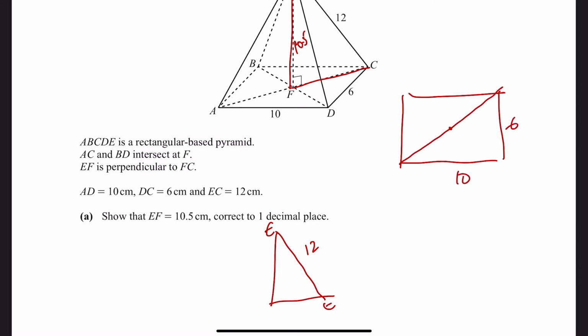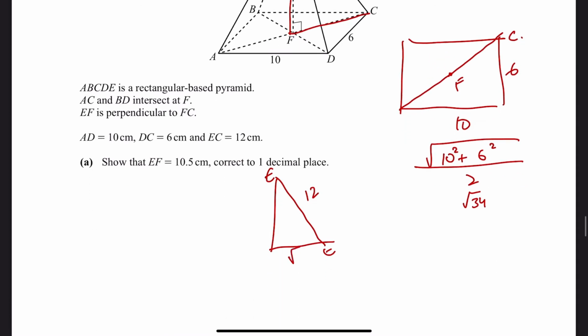Now for FC, can I say that it's half of the diagonal at the bottom? Can I simply calculate the diagonal using the formula for the diagonal and then divide it by 2? I get root of 34.